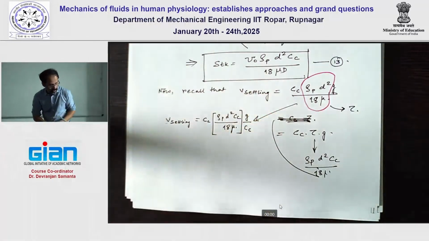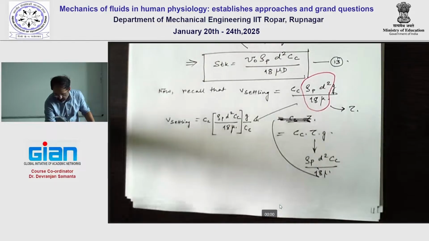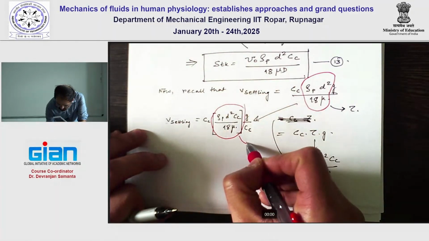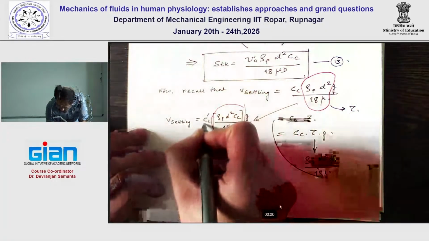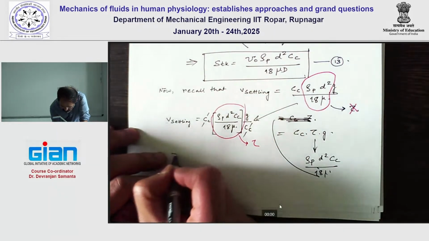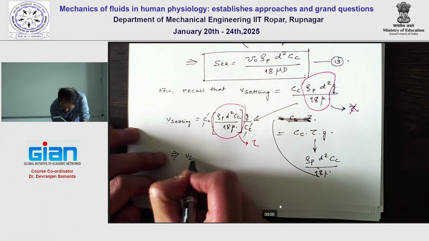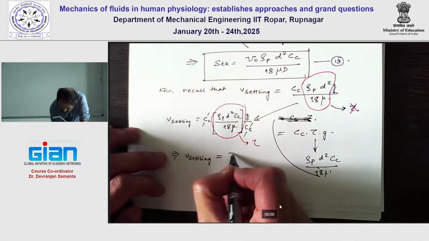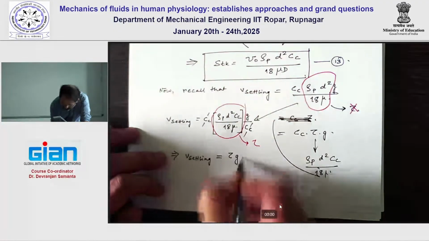Yeah. So now I can call this part as tau, but this Cc and this Cc, they get cancelled out. So what we have here is V settling is this tau times the g.